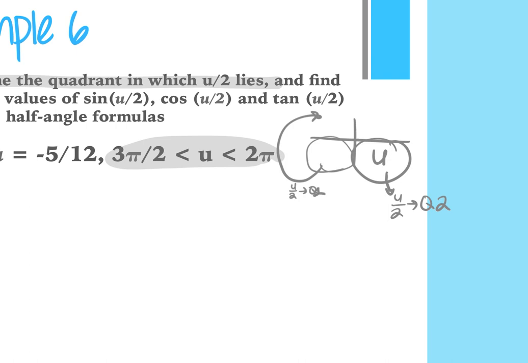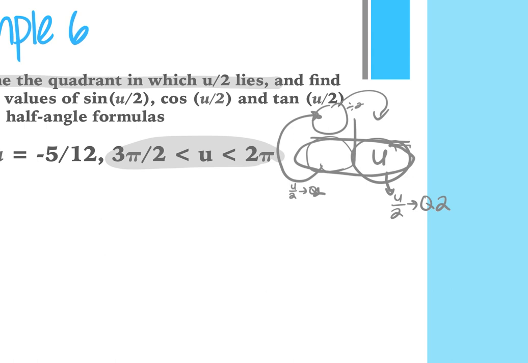If I'm in the second quadrant and I cut it in half, where's it go? First quadrant. I mean, where else is it going to go, right? First quadrant, cut it in half, it's going to stay in the first quadrant, okay? So anything in the bottom, when cut in half, goes to Q2, and anything in quarter 2 cut in half goes to quarter 1.